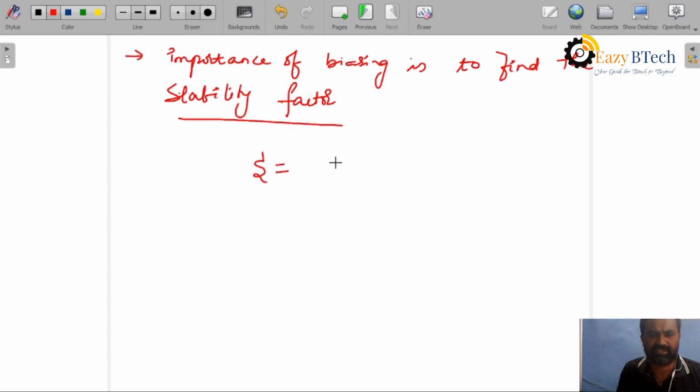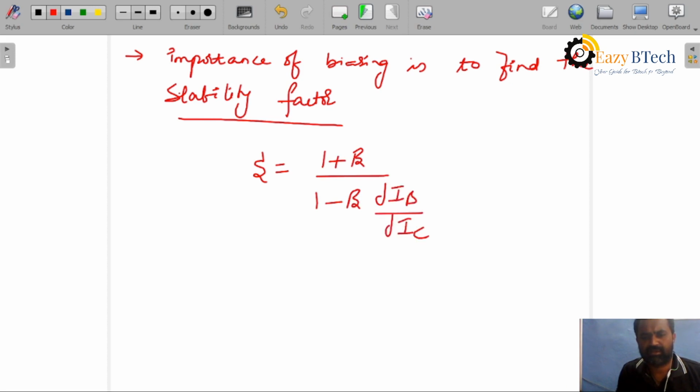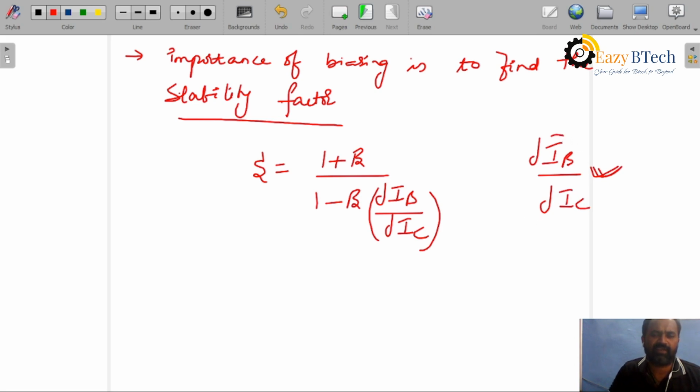Stability factor is 1 plus beta by 1 minus beta dou IB by dou IC. Okay. For every circuit, we can first find IB, the base current, and we can differentiate IB with respect to IC. We will get this parameter. By substituting that, we will find out the stability factor.